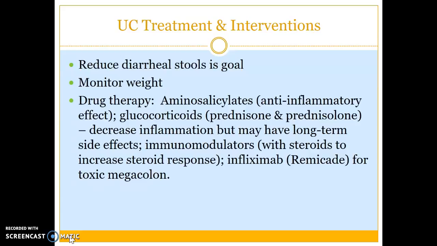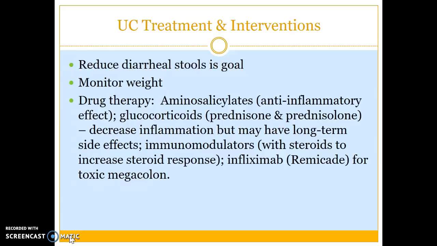The goal for UC is to reduce the diarrhea stools to a manageable level. You don't want this patient to be in the situation I described with my friend's mother who had the cancer that was strangulating around the bowel. So you want to monitor the weight of the patient in an ongoing way to make sure they're not losing too much weight from flare-ups.